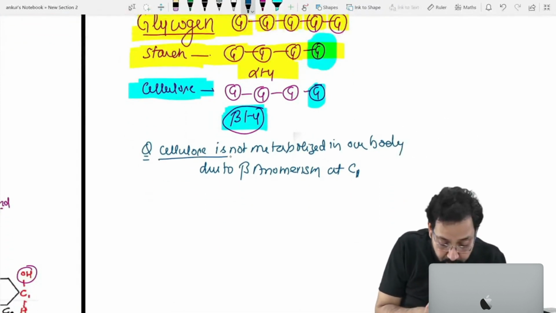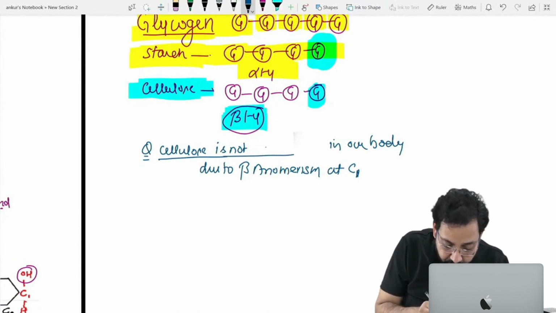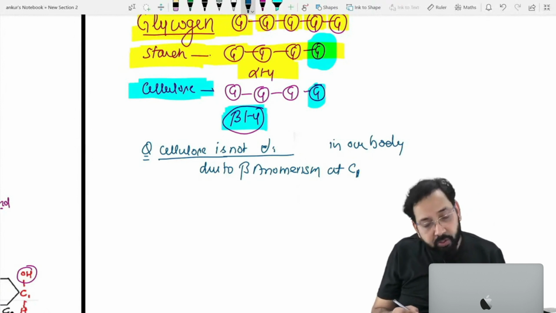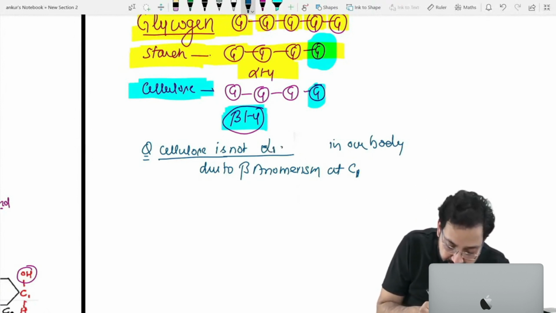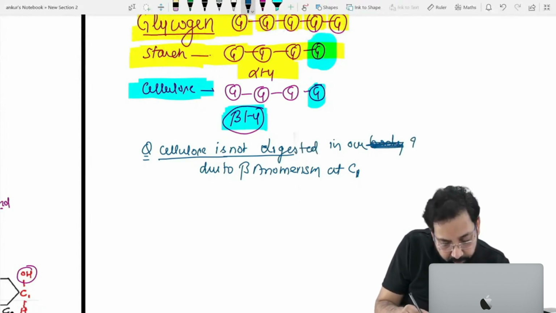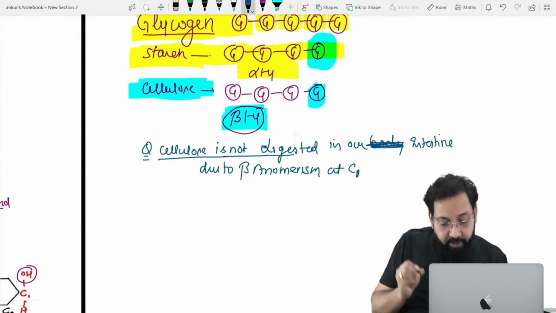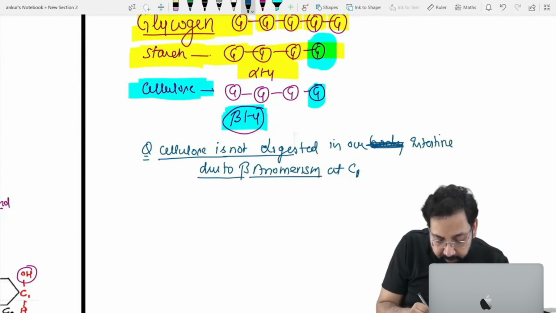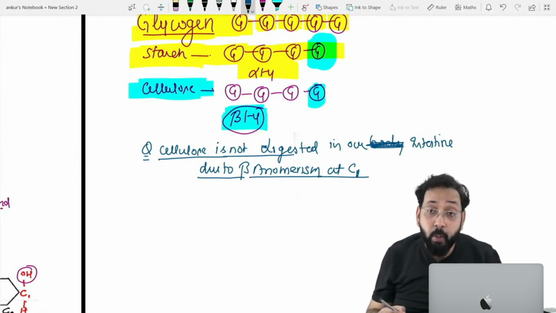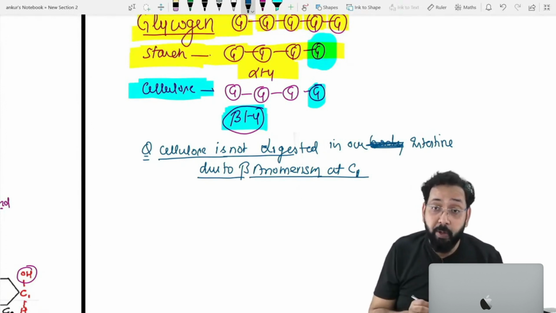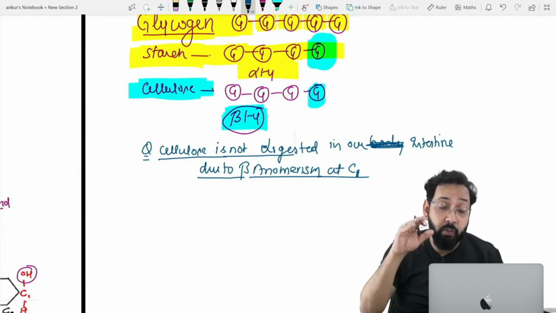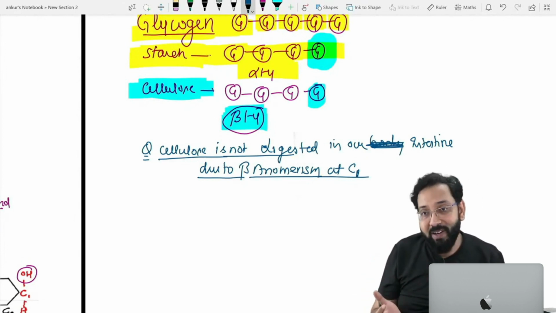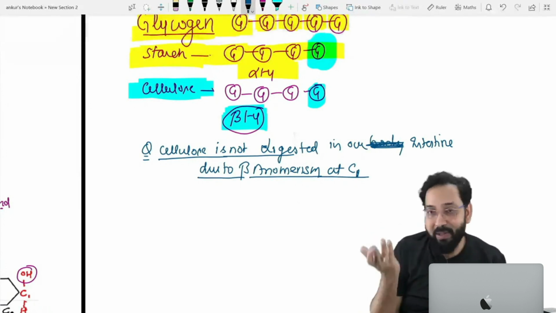Cellulose is not digested, better to say not digested in our intestine. If I say metabolized, it's also correct, but better to say not digested, due to beta anomerism at which carbon? Carbon number 1. If OH in glucose is below the plane, alpha glucose, metabolized; above the plane, not metabolized.